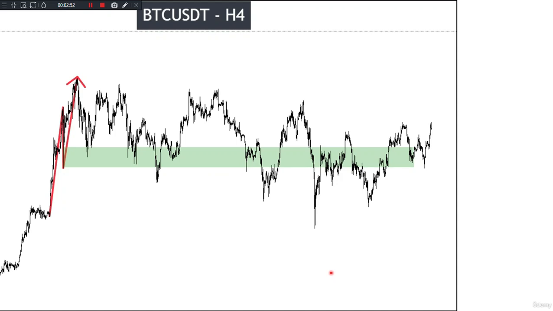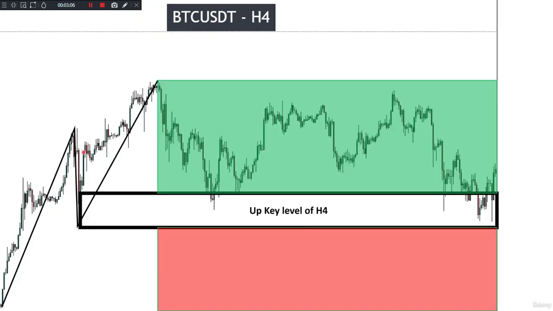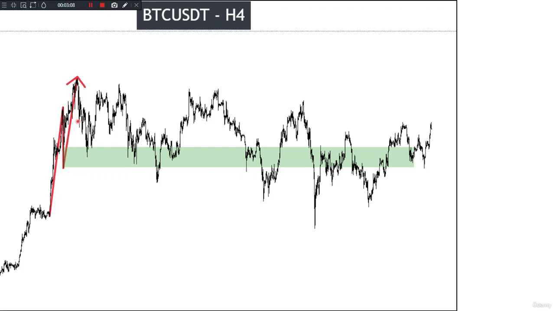I would like to zoom out the chart on the 4-hour time frame of Bitcoin a little bit. Here is the up structure we already defined on the last page. When we zoom out, I make it in different colors so you can understand it more easily. Here is the up key level of the 4-hour time frame. You can see one place where the price already goes below the up key level. It means that from this place, the market comes into the downtrend.